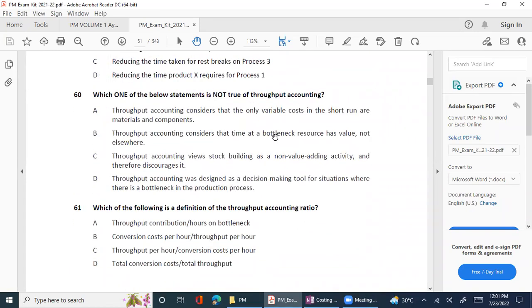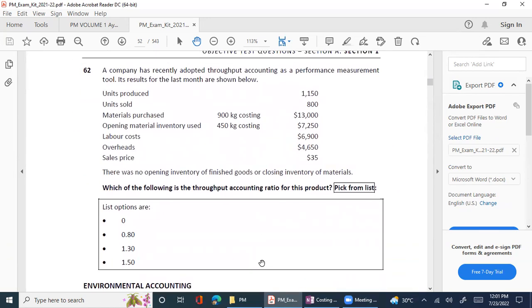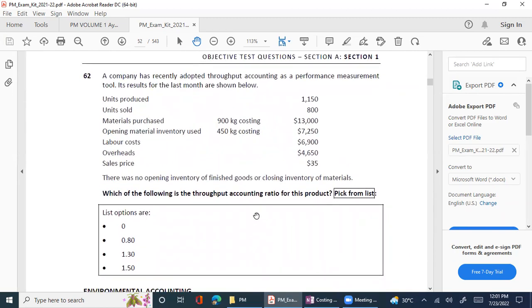And the true or false question is also related. I'm leaving it for you, and question 61 as well. I will solve question number 62, and this is the last question for today's class. The questions I leave, you will do by yourself. A company has recently adopted throughput accounting as a performance measurement tool.